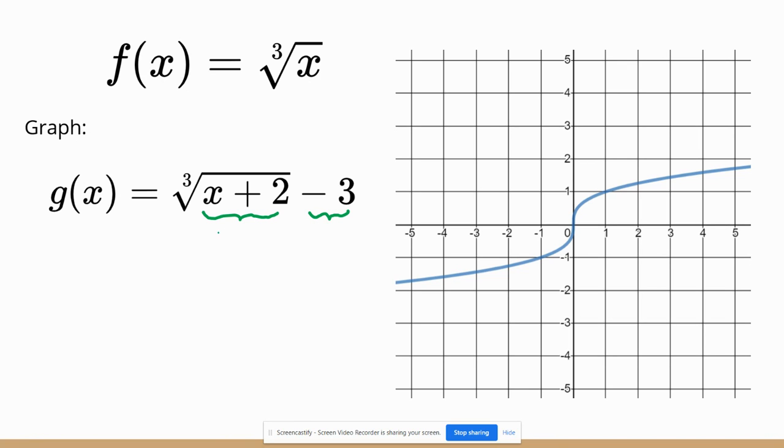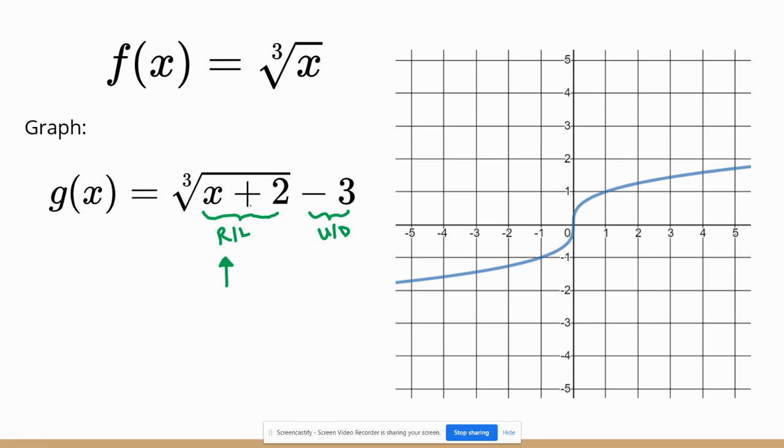The one that is attached to the x is going to move your graph right or left that many squares. And the one that's added on to the end is going to move your graph up or down that many squares. The horizontal translations are always going to be the opposite of what you think.